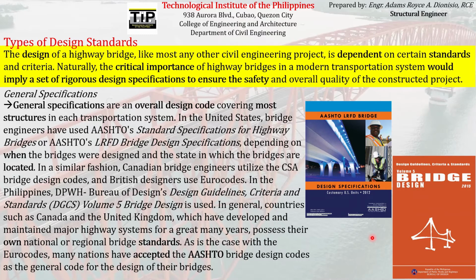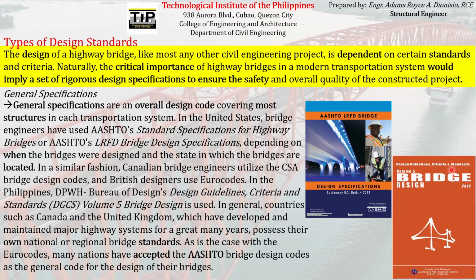That's why we no longer use the previous versions of the NSCP Volume 2. So for now, we are mainly referring to the DGCS Volume 5 Bridge Design for the design of bridges.